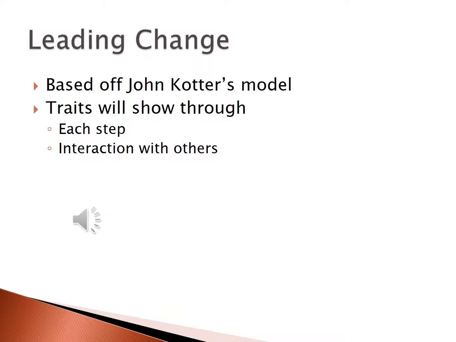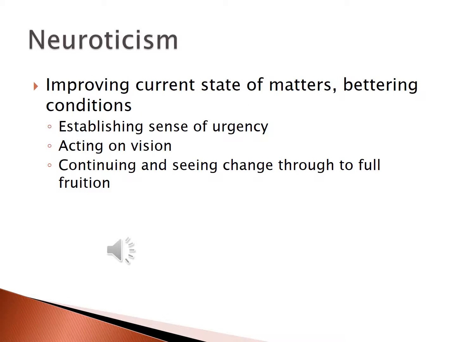Based off of John Kotter's 8-step model of change, the trait theory will show through each step of this process of change and also in their interaction with others. As I said before, the neuroticism trait often leads to improving the current state of matters and bettering conditions.